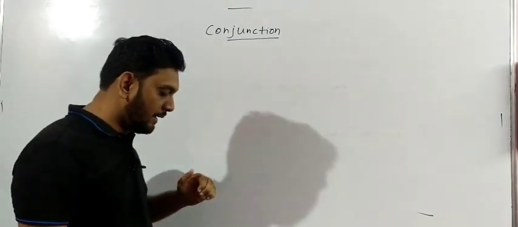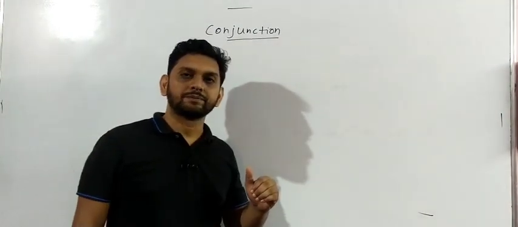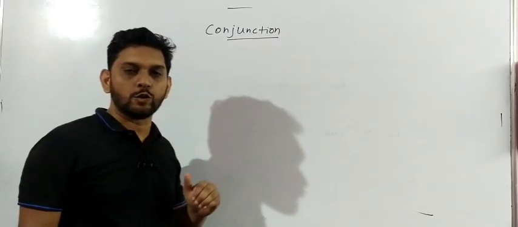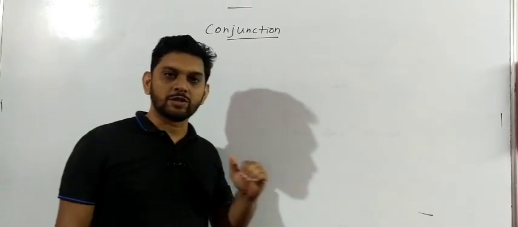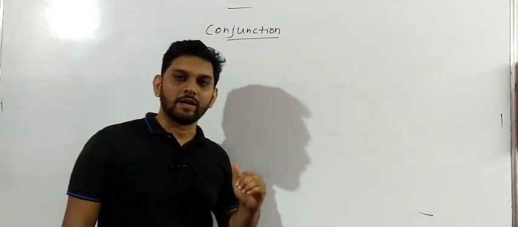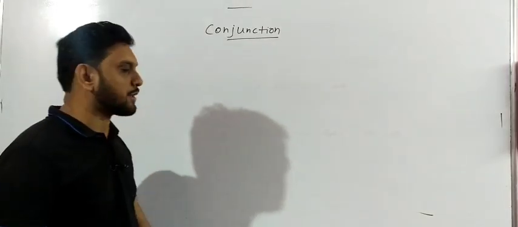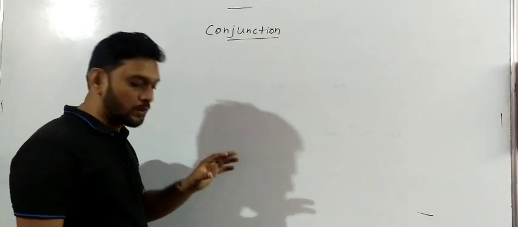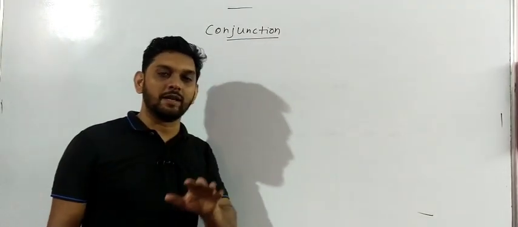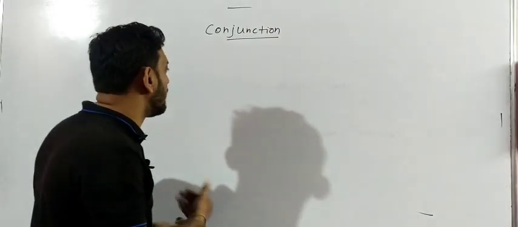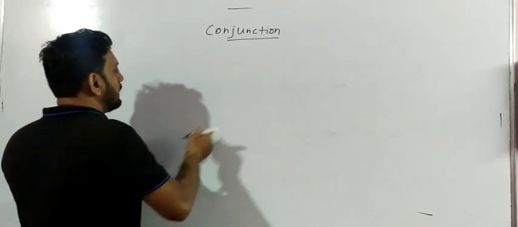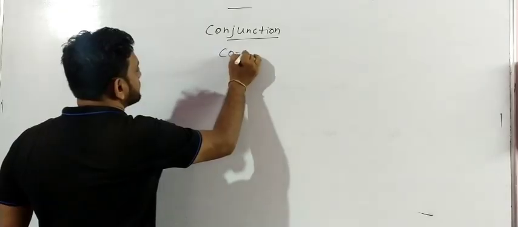And I told you that it has been divided into two parts. First one is known as coordinating conjunction, and second one is known as subordinating conjunction. And coordinating conjunction has been further divided into four parts. Today I have to start from there.